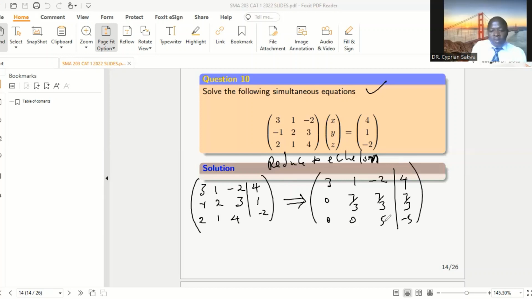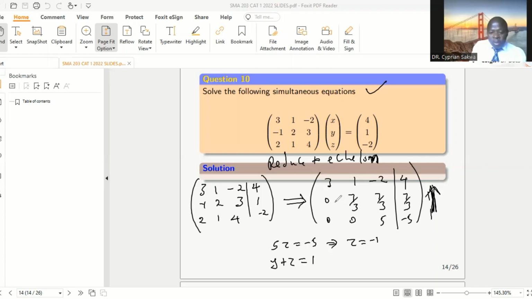When you do this, you look at the last row here. It means 5z is negative 5, which implies that z is negative 1. Then you solve going up from the bottom. Come to this other equation. In this row, 7 over 3 is common, so what we have there is 7 over 3 y plus 7 over 3 z is 7 over 3.